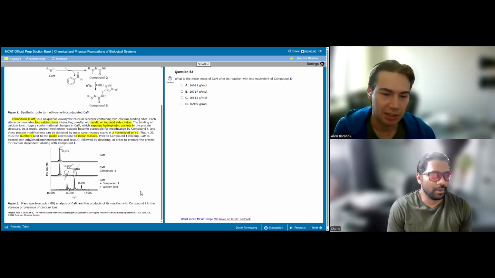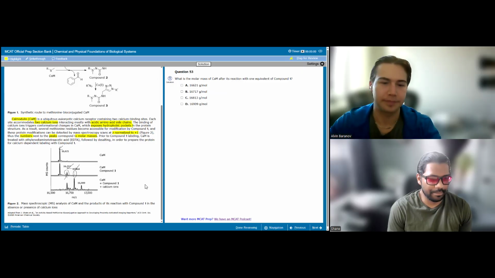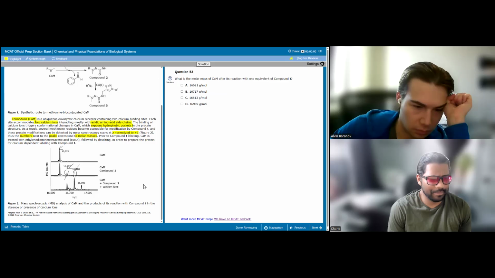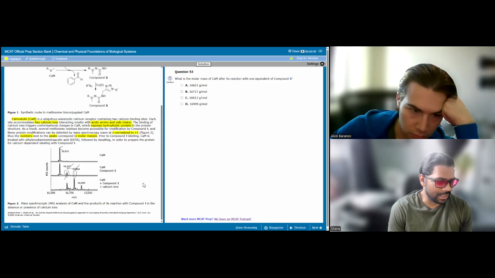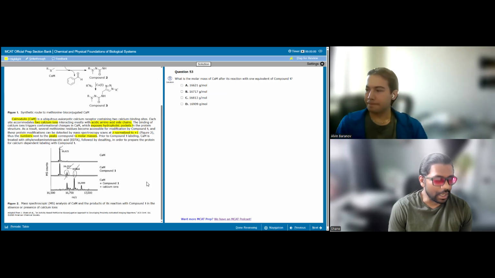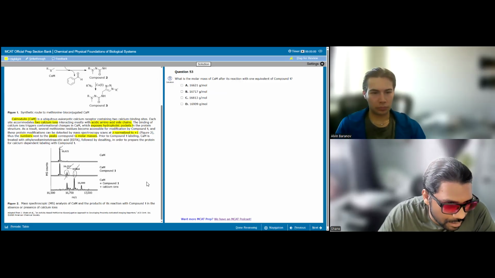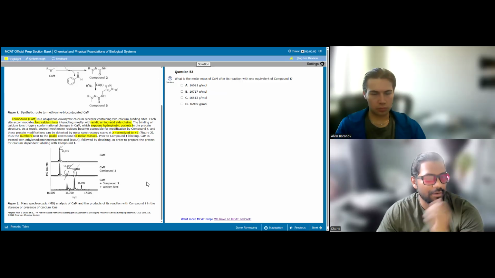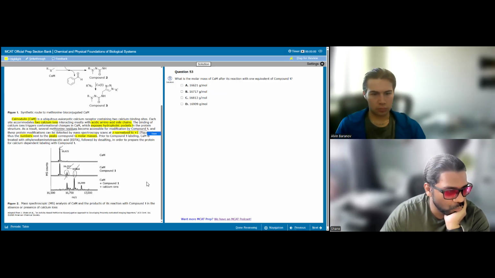We have CAM as our receptor. Binding calcium causes conformational changes that expose hydrophobic pockets. Several methionine residues can be modified by compound 1.